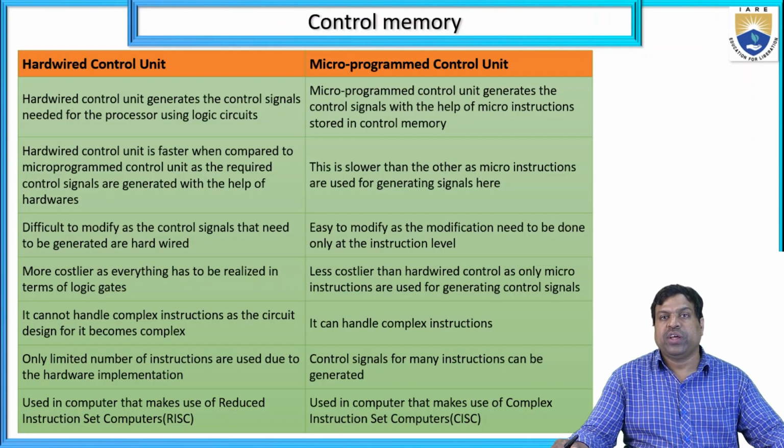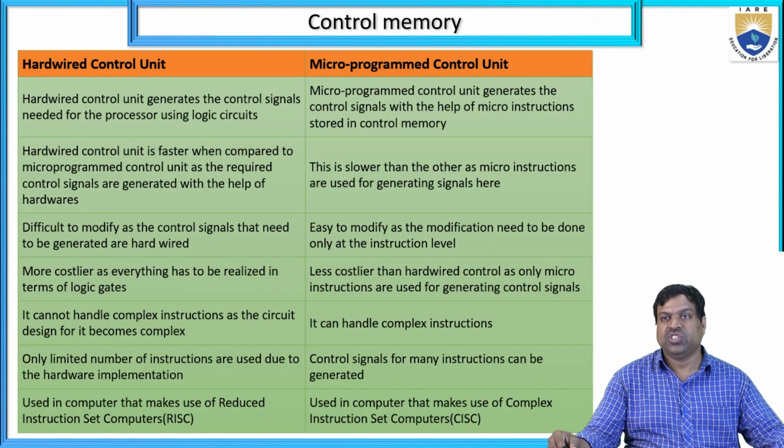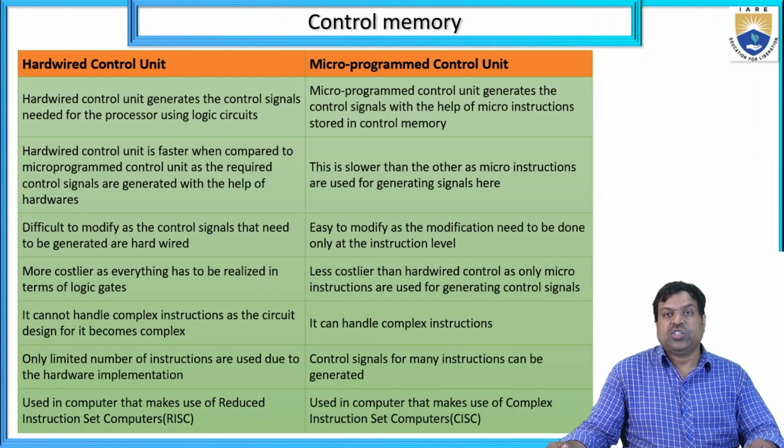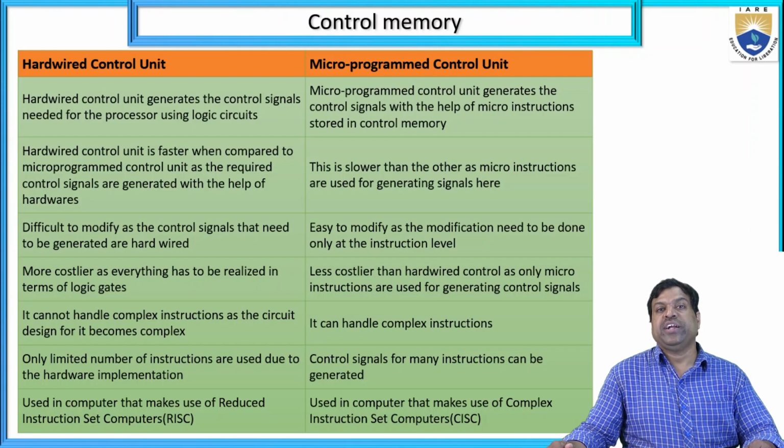memory. And the hardwired control unit is faster compared to the microprogrammed control unit, as the required control signals are generated with the help of hardware, and the microprogrammed one is slower because of the micro operations used in generating the signals. It is difficult to modify, as the control signals that need to be generated are hardwired, whereas the microprogrammed one is easy to modify, as the modification needs to be done only at the instruction level.